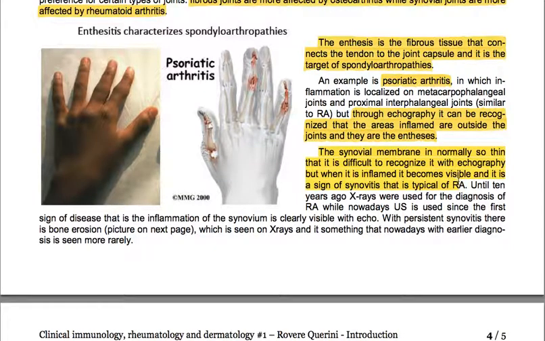Until 10 years ago, X-rays were used for the diagnosis of rheumatoid arthritis, while nowadays ultrasound is used since the first sign of disease is the inflammation of the synovium, which is clearly visible with echo. With persistent synovitis, there is bone erosion, which is seen on X-rays, and it is something that nowadays, with earlier diagnosis, is seen more rarely.